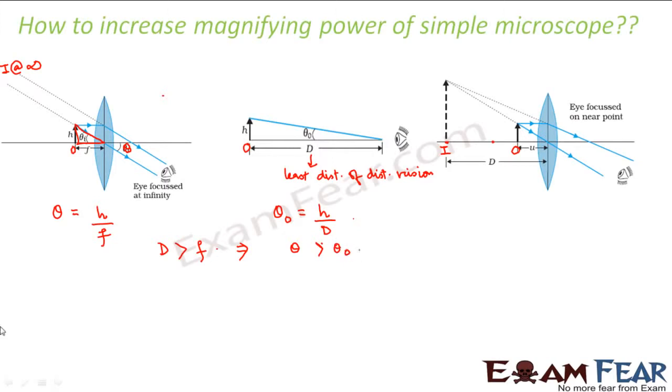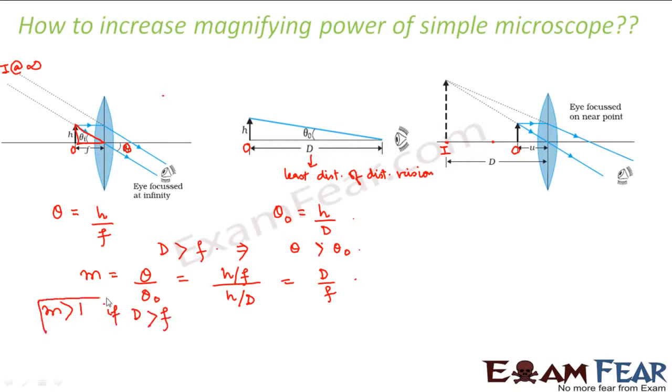This scenario is nothing but a combination of these two scenarios. So the magnification is nothing but theta by theta naught. So this is (h/f) divided by (h/d), which comes out to be d/f. So the magnification is greater than 1 if d is greater than f.